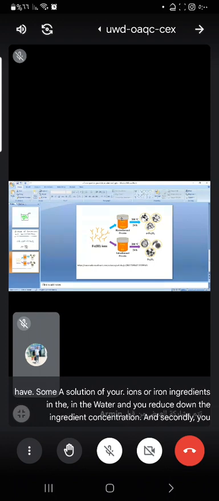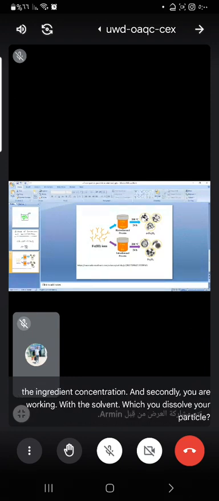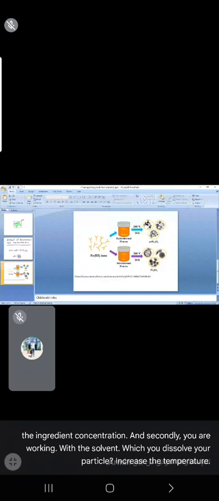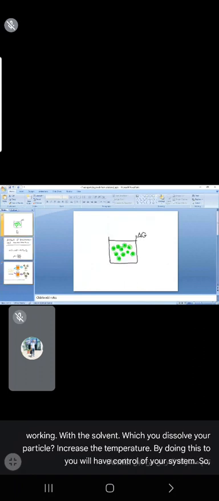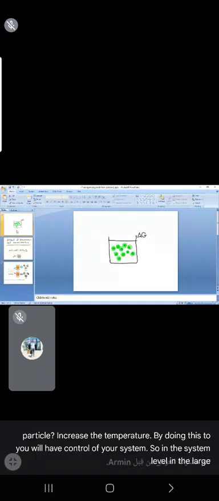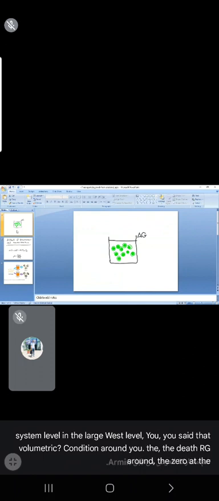And secondly, you are working with a solvent in which you dissolve your particles, and you increase the temperature. By doing these two, you will have control of your system. So at the system level, in the large vessel, you set delta G around zero at the macroscopic level.